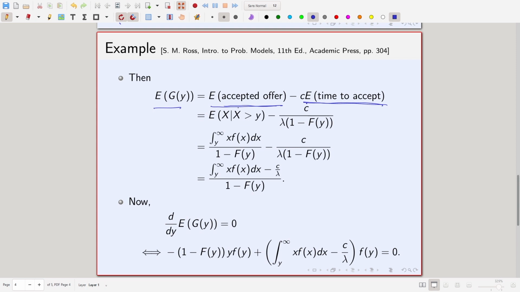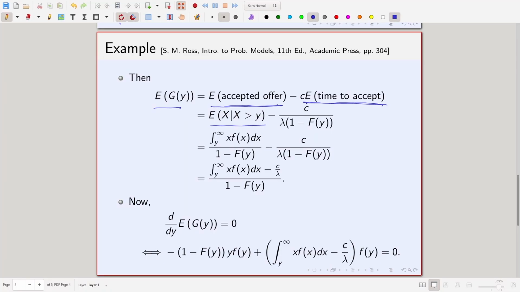Now, what should be the expectation of this accepted offer? It should be the expectation of x, but not just the expectation of x; it is under the information that x is greater than y, because you have accepted the offer. That means the size of the offer was greater than y, because that is the strategy you are following: you will accept the first offer which is greater than y.